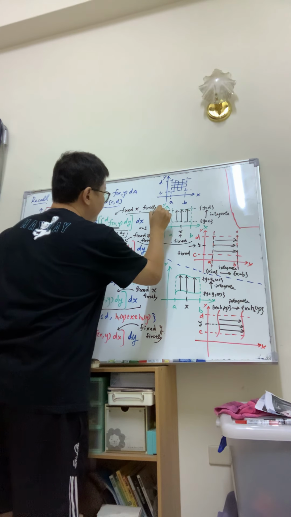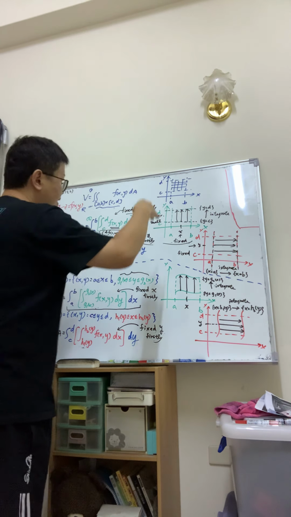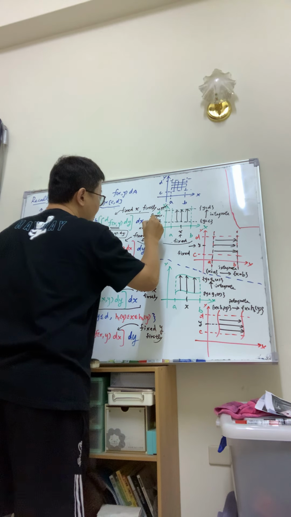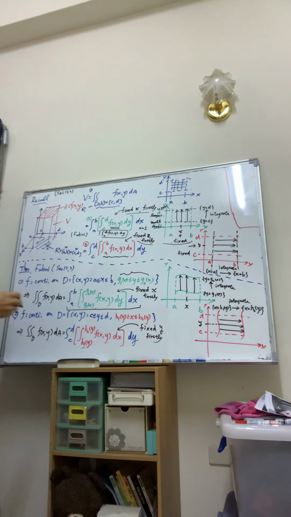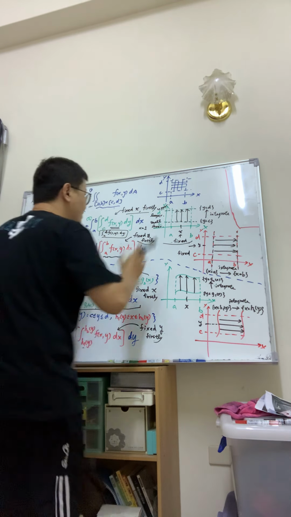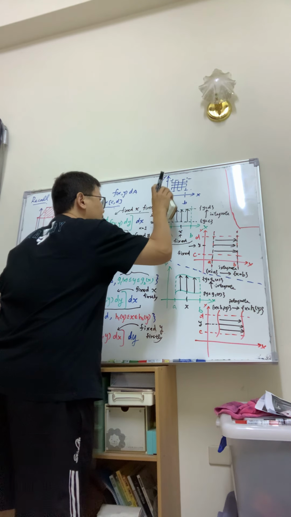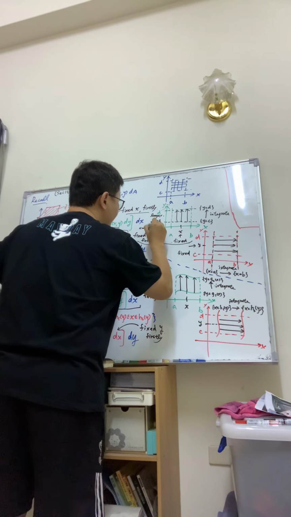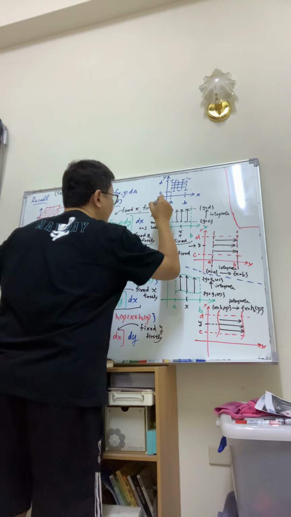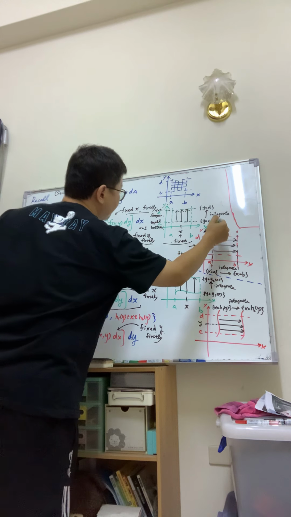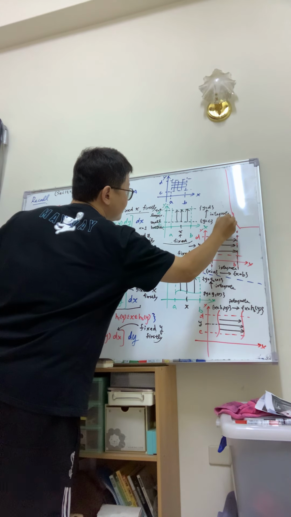You could also say d is the upper and c is the lower. So y equals c is something like the bottom, and y equals d is the top.